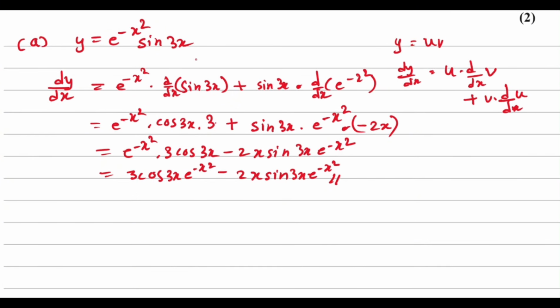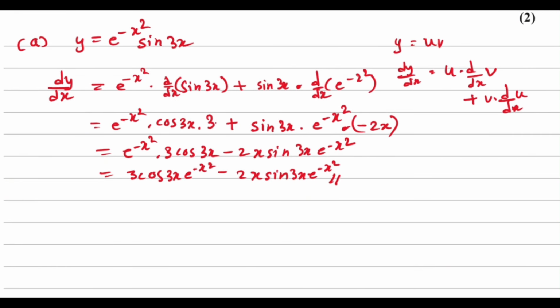For the first function, we have differentiated sine 3x and we have used the chain rule to differentiate this. So when we use the chain rule, we can write that d/dx of sine 3x is equal to cos 3x, but then we have to multiply the derivative of 3x, which is 3. And then for the second term, we have to differentiate e to the power of minus x square.